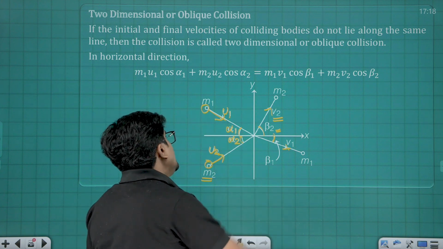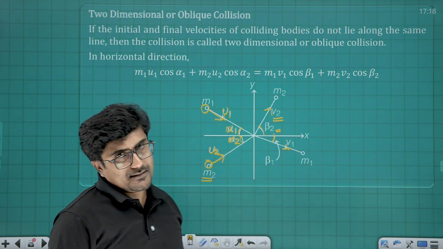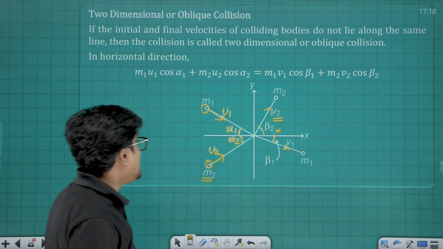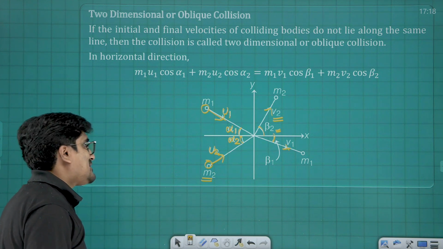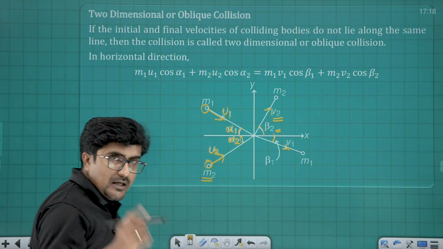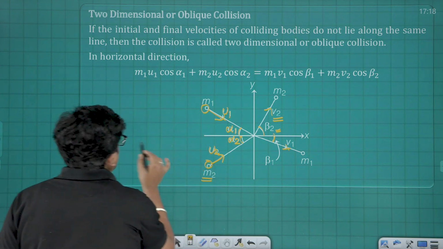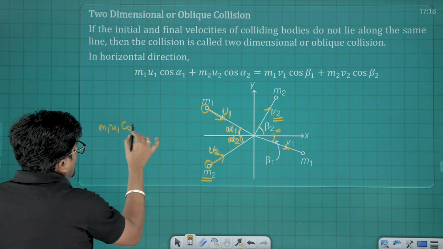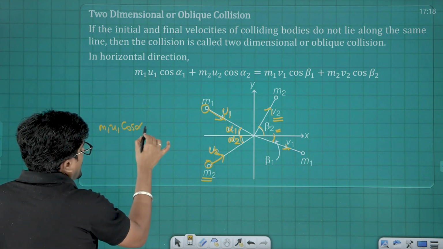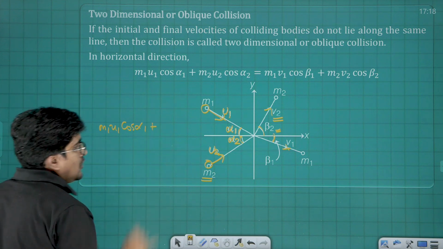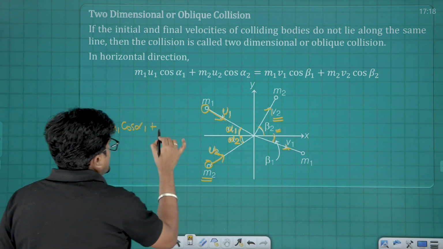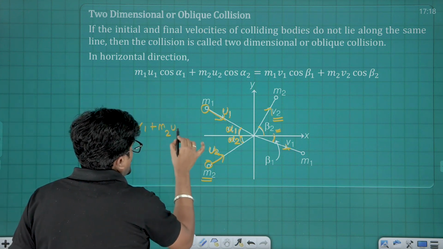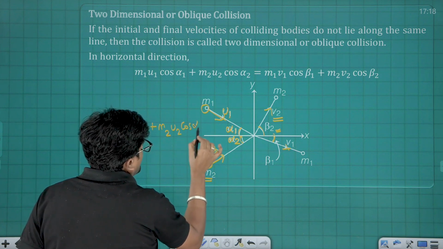So what is the initial linear momentum along the x-axis? For mass m1, it is m1 u1 cos alpha 1, plus for the second one, m2 u2 cos alpha 2.